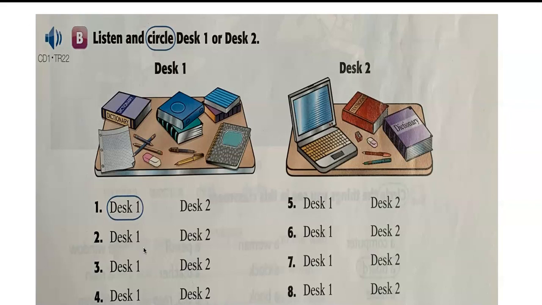There is a computer on this desk. 6. There are 4 textbooks on this desk. 7. There is a piece of paper on this desk. 8. There are 2 pens on this desk.